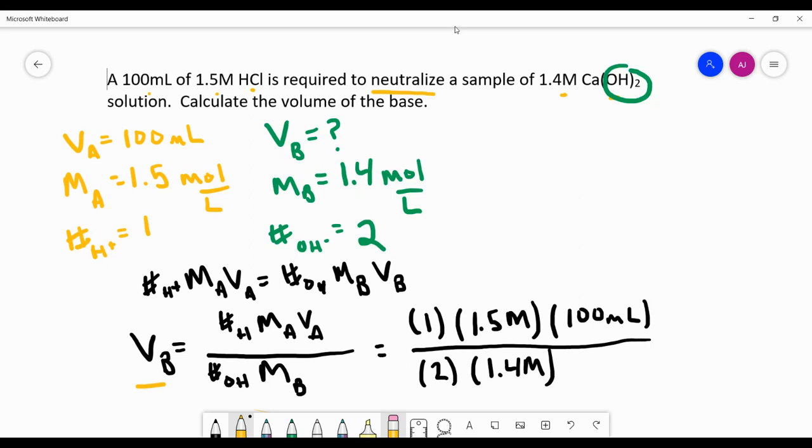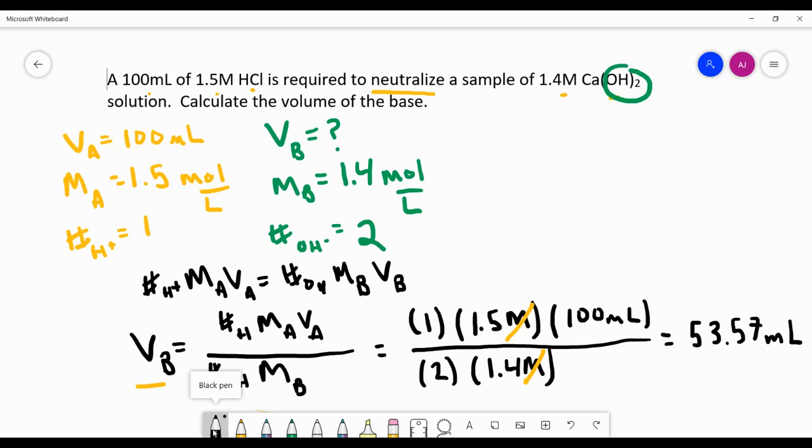So for example, my concentration for the acid and base are both expressed in moles per liter. The volume of the acid is expressed in milliliters, so the volume of the base is going to be in milliliters as well, which we can see by doing some unit analysis and canceling the moles per liter. So our final answer is 53.57 milliliters of calcium hydroxide will be required in this neutralization.